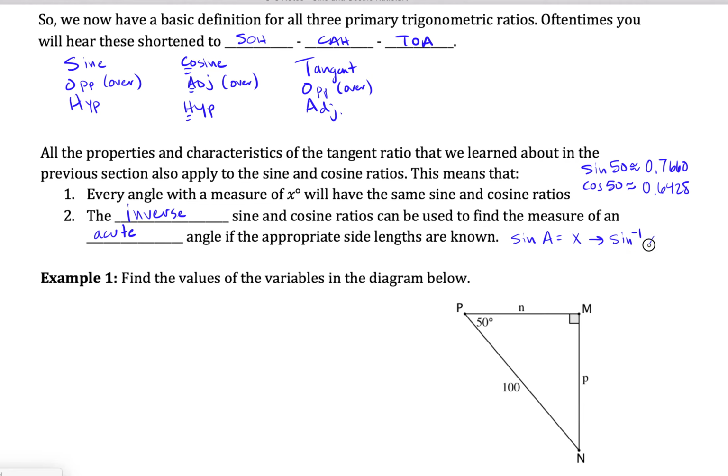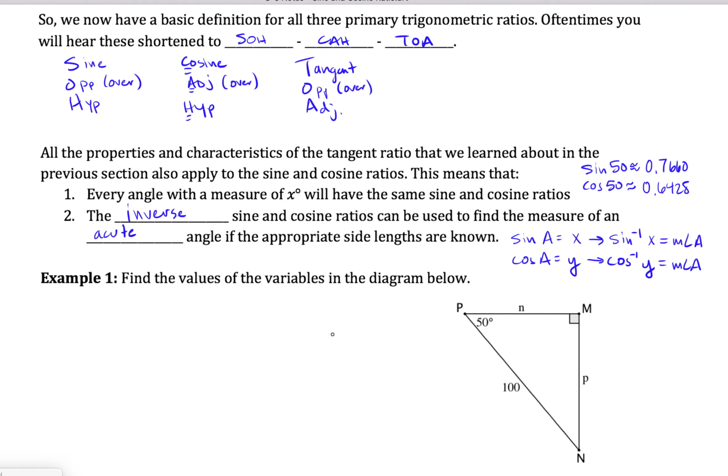The sine inverse of that value x tells you the measure of angle A. And similarly, if the cosine of angle A equals y, then if I take the cosine inverse of what y is, it tells me the measure of angle A. So these inverse functions also apply for sine and cosine just like they did for tangent.